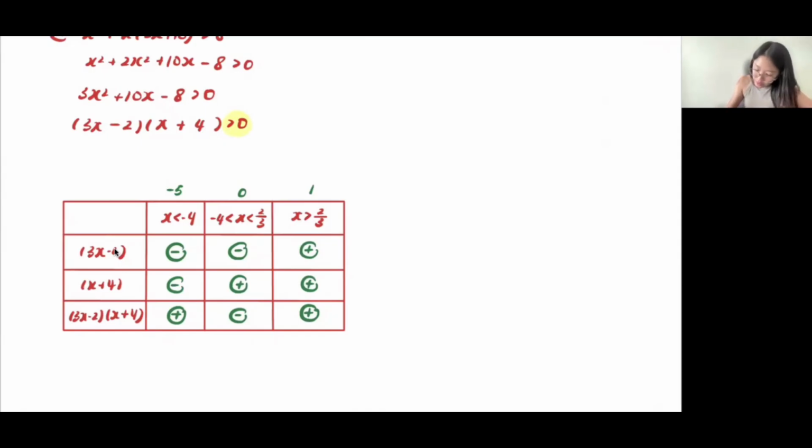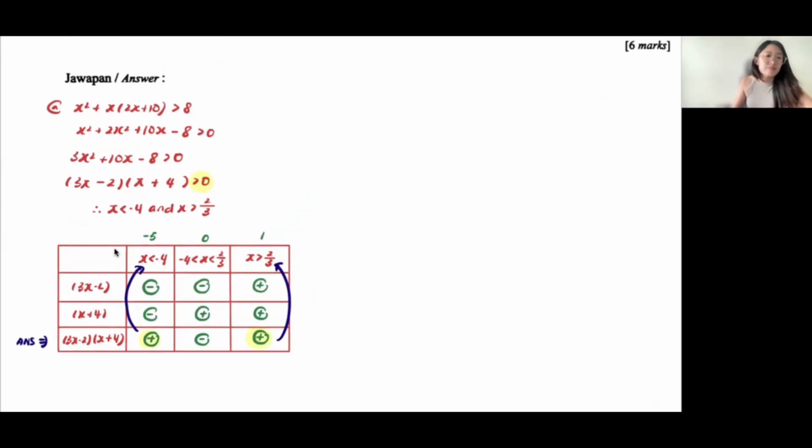If it's more than 0, you look at the positive side. Answer, you will always get it from the last row. So what do they bring you to? They bring you to this and this. So your answer to this question is x lesser than negative 4 and x greater than 2 over 3. That's your answer. That's part A.